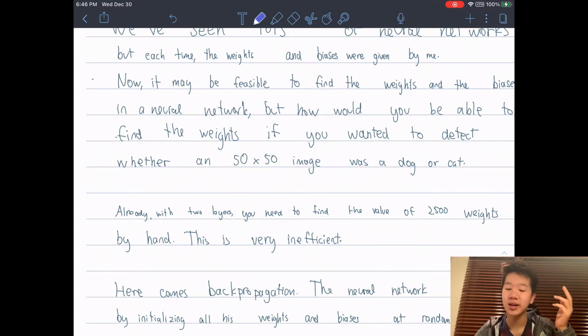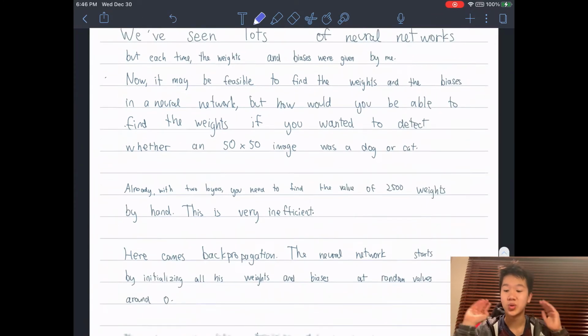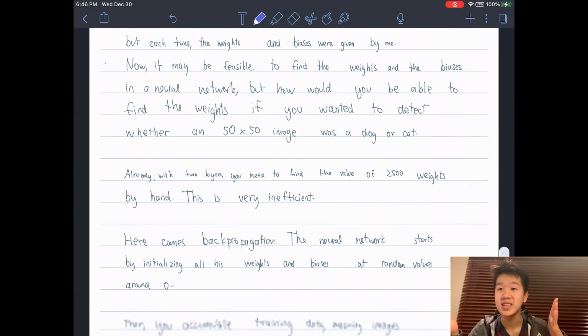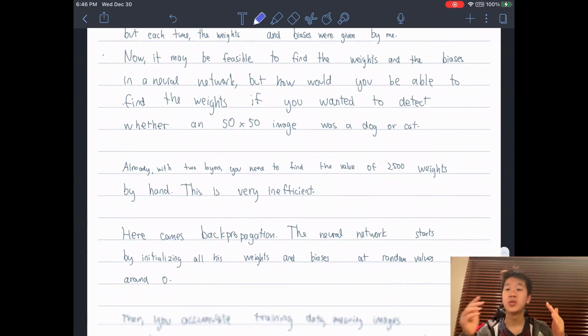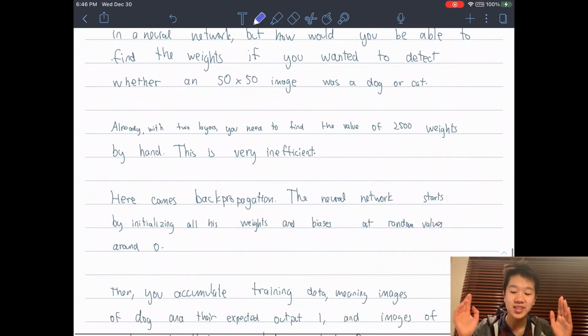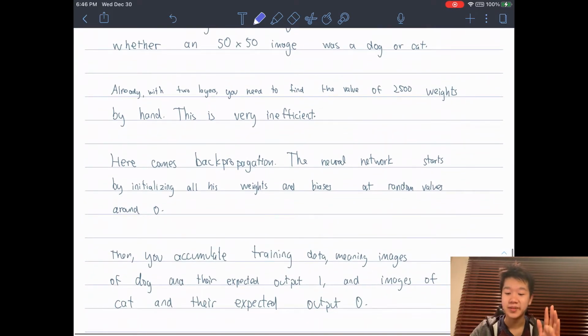Because if there's only an input and an output layer, there's going to be 50 times 50, so 2,500 weights, at least 2,500 weights to find by hand. And this is impossible. So here comes backpropagation.